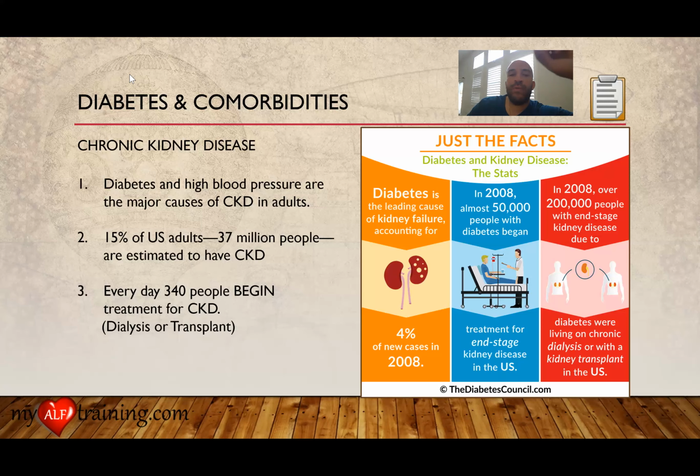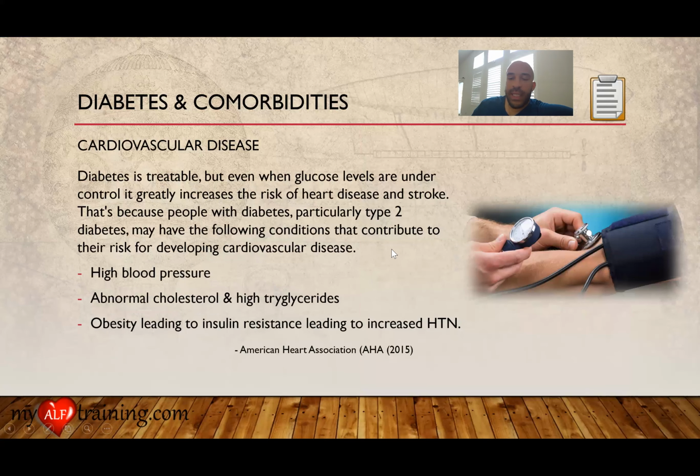So that's 340 people every single day who begin treatment of CKD, which is either a workup for a transplant or they are started on dialysis because their kidneys are no longer able to filter the waste from the blood. In 2008, almost 50,000 people with diabetes began treatment. That's probably more than triple today.